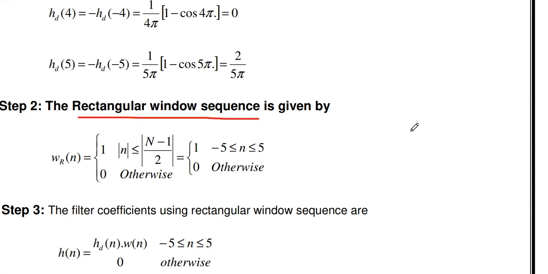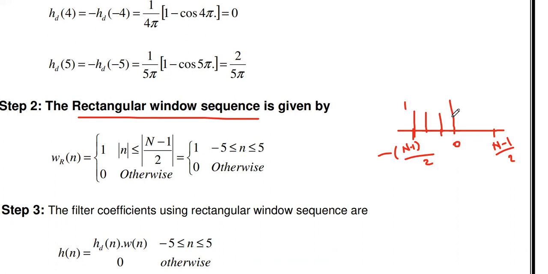So what is meant by rectangular window? You know the shape of the rectangular window. The rectangular window means whenever the time n is from minus of (N minus 1) by 2 to plus (N minus 1) by 2, the rectangular window sequence has the value 1, constantly 1.